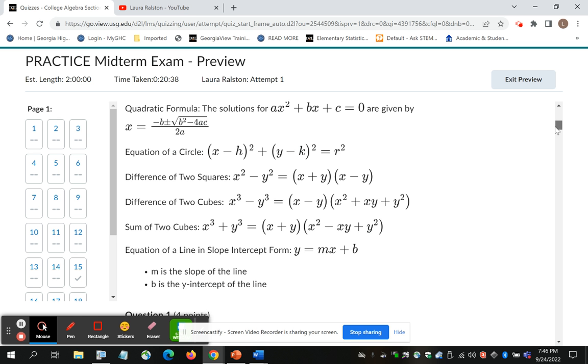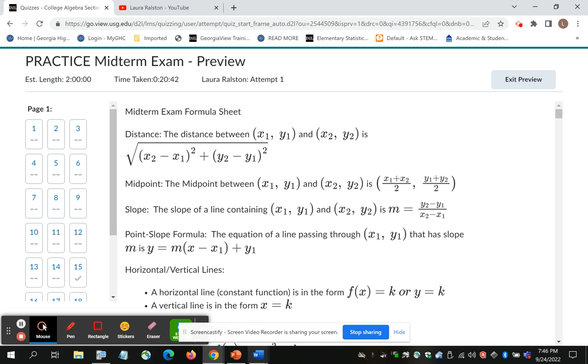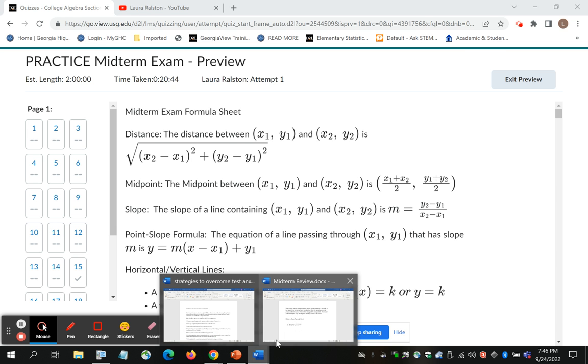Please do not waste your time memorizing those formulas. They will be provided on the actual midterm exam.